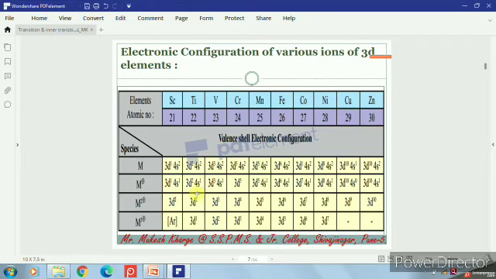When you donate one more electron, then Ti2+ electronic configuration becomes argon 3d2 4s0. And for Ti3+ it becomes argon 3d1 4s0. In this way you can write the electronic configuration of the 3d elements.